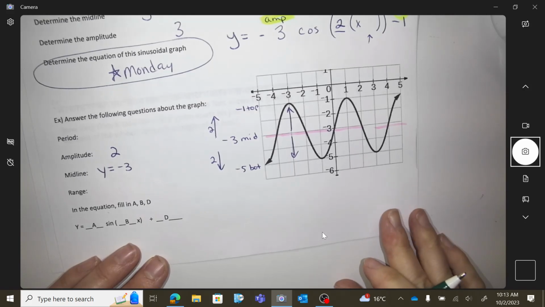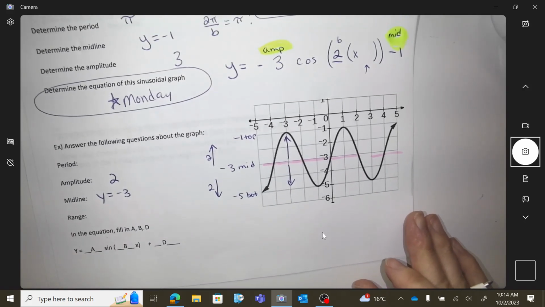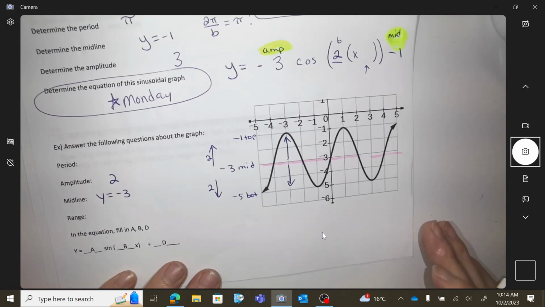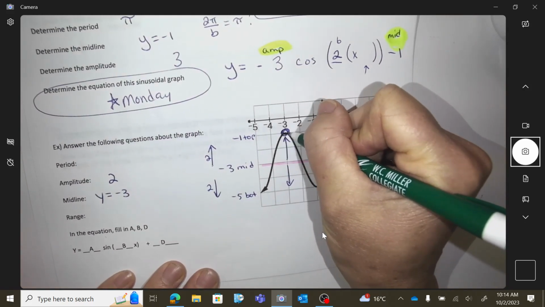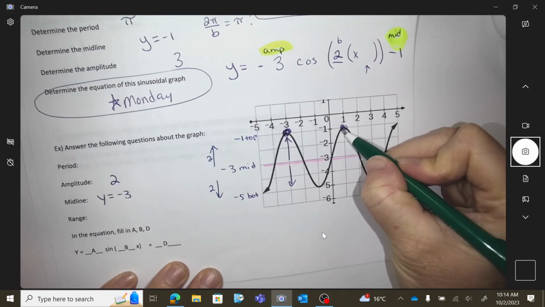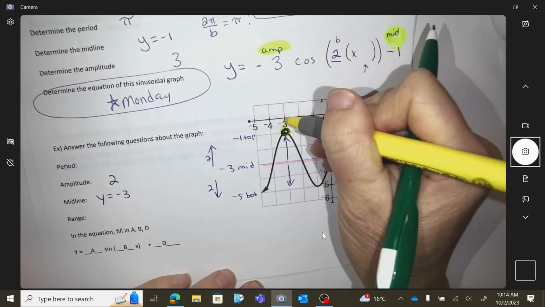And the period, how long does it take us to go through a cycle? So can you pick me a certain point? What do you want to do? Do you want to do a top point, a middle point, a bottom point? It doesn't matter. So let's pretend I pick a top point. I travel, I travel, I travel. This would be me getting to another top point.